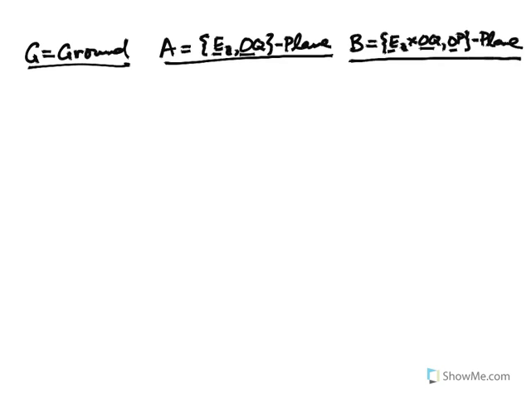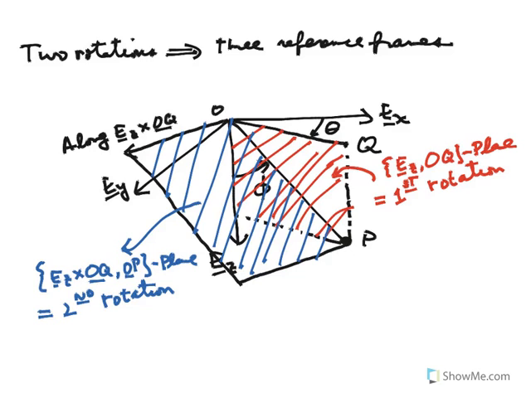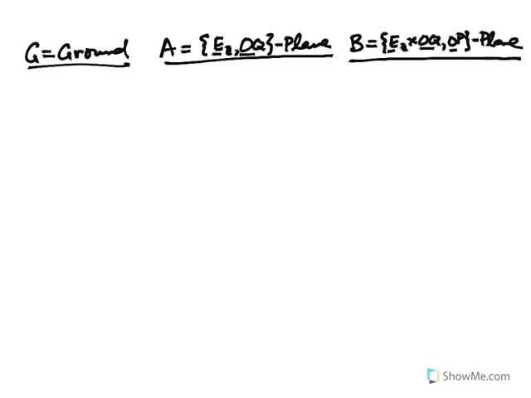Now let's start fixing coordinates in each of these frames. I can do it from the last frame to the first, or vice versa. Let's start at the last frame. So the last frame is going to have one of its directions along OP. I'm going to call that direction UR. So UR is going to be along OP.